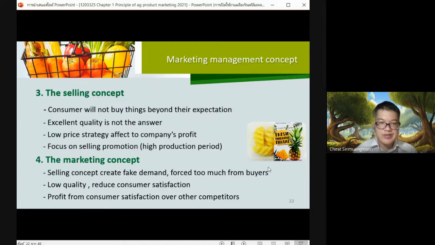So in all, the concept of selling concept is explained in terms of they will not buy the product if the price is over their expectation, even if the quality is very good, because they don't want to have that expensive product.